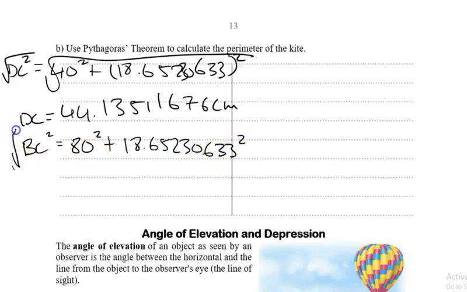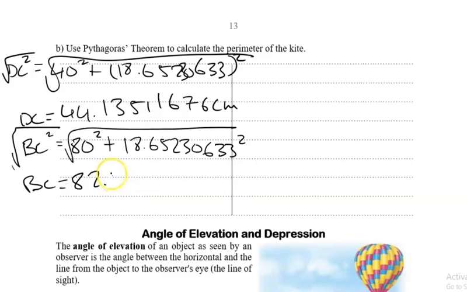And to work out the length of BC, you square root this side. So BC is going to equal 82.14565437.